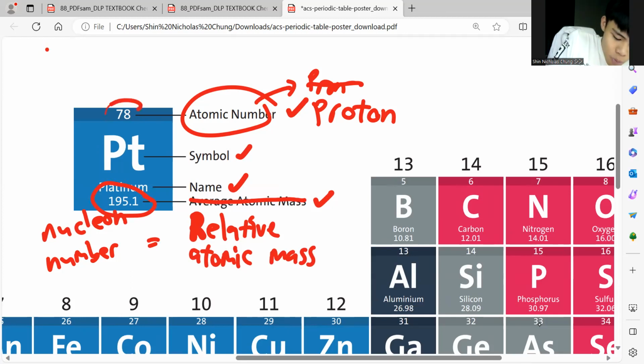The smaller one, of course, will be your proton number. So the smaller number is your proton number, and the bigger number will be your nucleon number or our so-called relative atomic mass. It's the same thing.